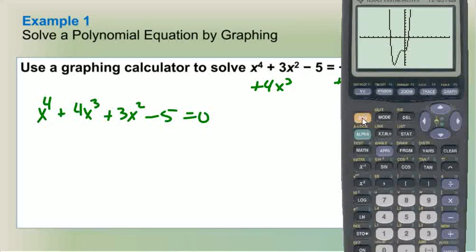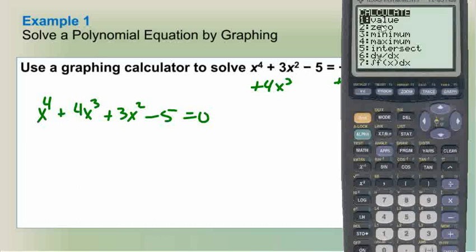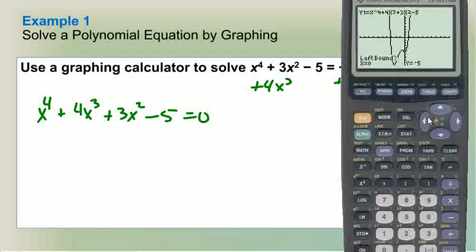If I hit second, trace, I want to find the 0, number 2. And I go to the left side here. Left bound means it's above the x-axis on this side, so hit enter, go below, hit enter again, hit enter a third time, and I would get roughly -3.2.